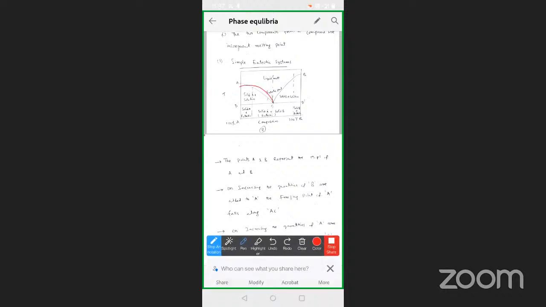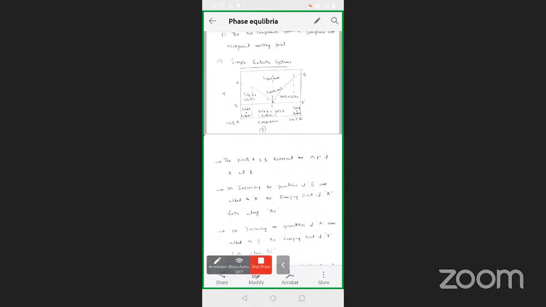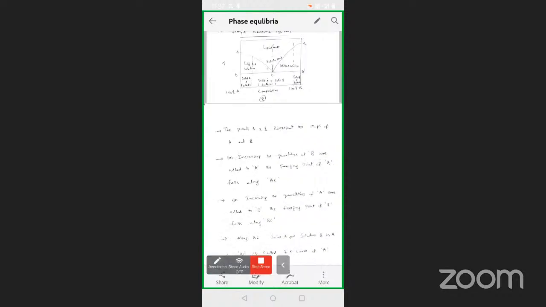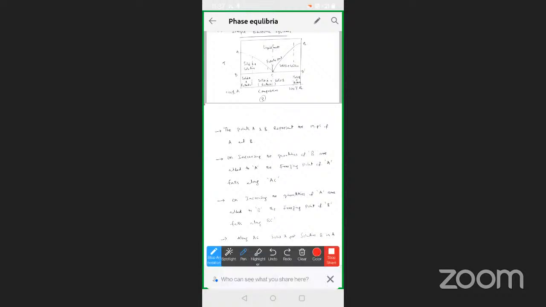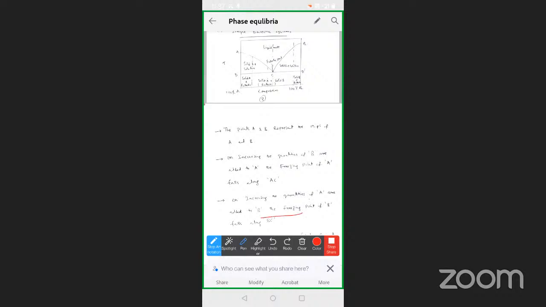B యొక్క కాంపోజిషన్ పెంచుతూ పోతే దీని యొక్క ఫ్రీజింగ్ పాయింట్ అనేది ఇలా తగ్గుతుంది, along the AC. On increasing the quantities of A added to B, the freezing point of B falls along BC.